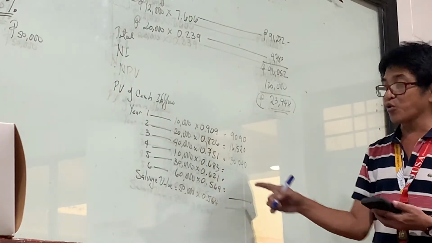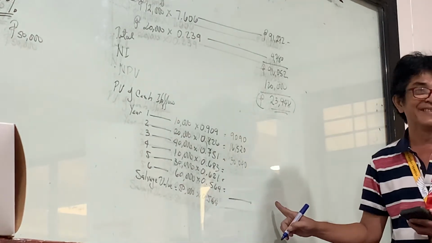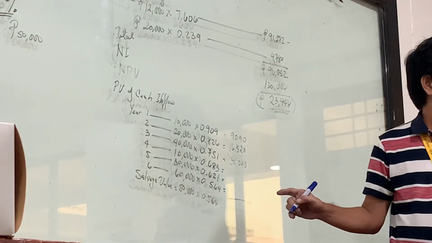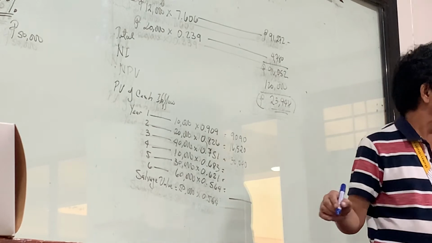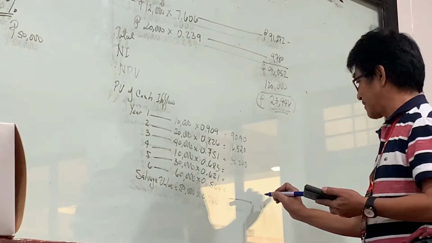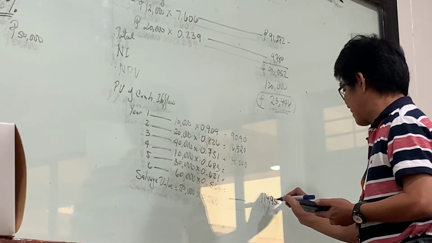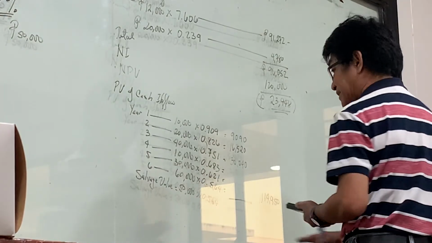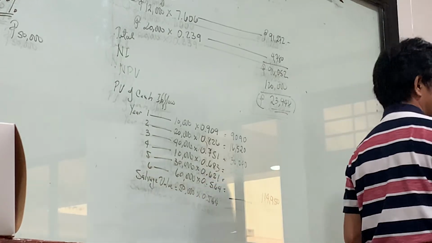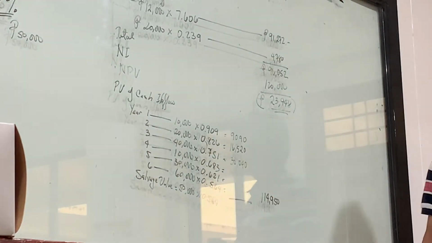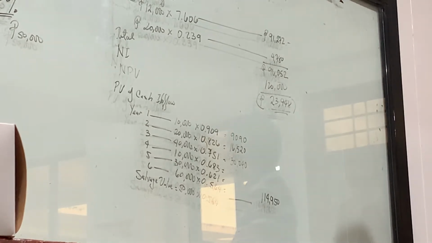Para madasip ng total? 14,950 plus sa salvage value. 50,000 times 0.564.